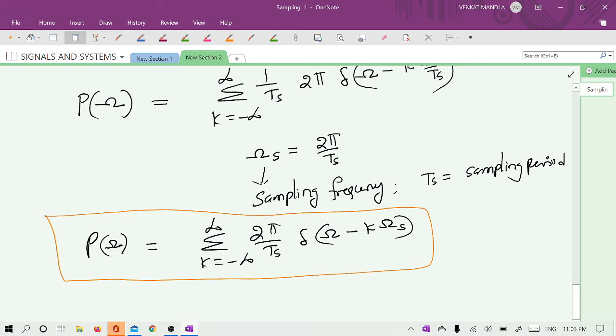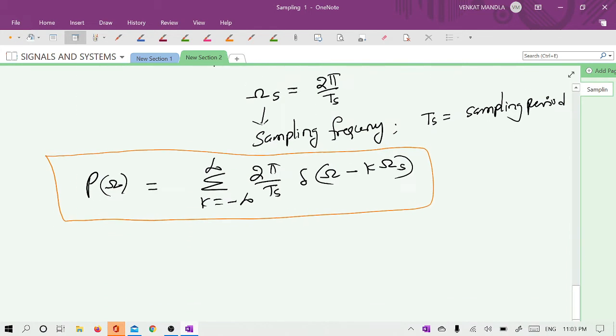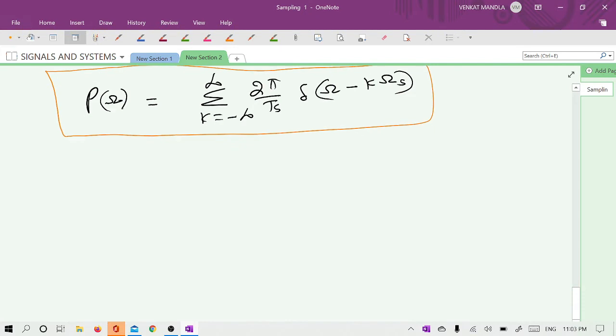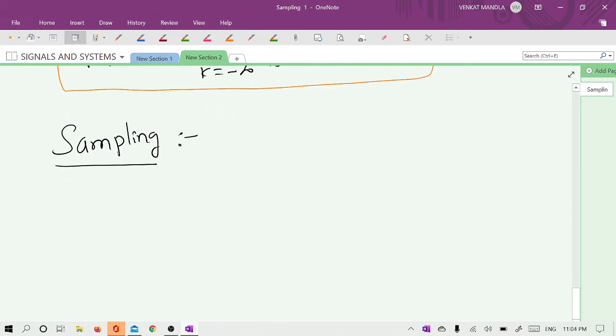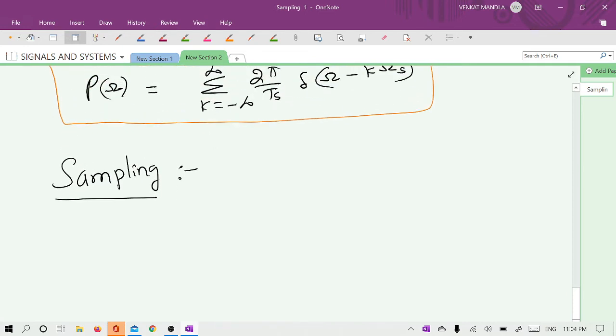That's why I discussed this before going to sampling. Now I'll come to sampling. What is sampling? I'm not saying the sampling theorem.